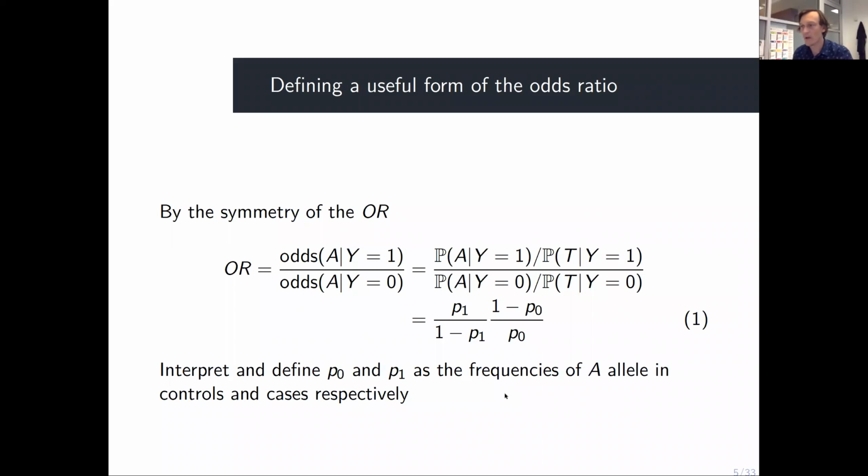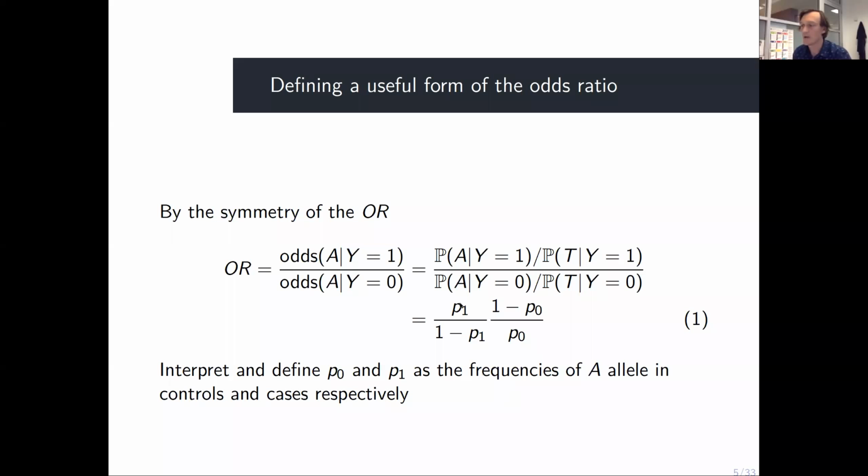The nice thing about the odds ratio is it has a mathematical symmetry to it in which we can reverse the conditional probabilities and write it out in this way. And the nice thing about this form is that we can interpret the probabilities here as the allele frequencies of the risk allele within cases and within controls.